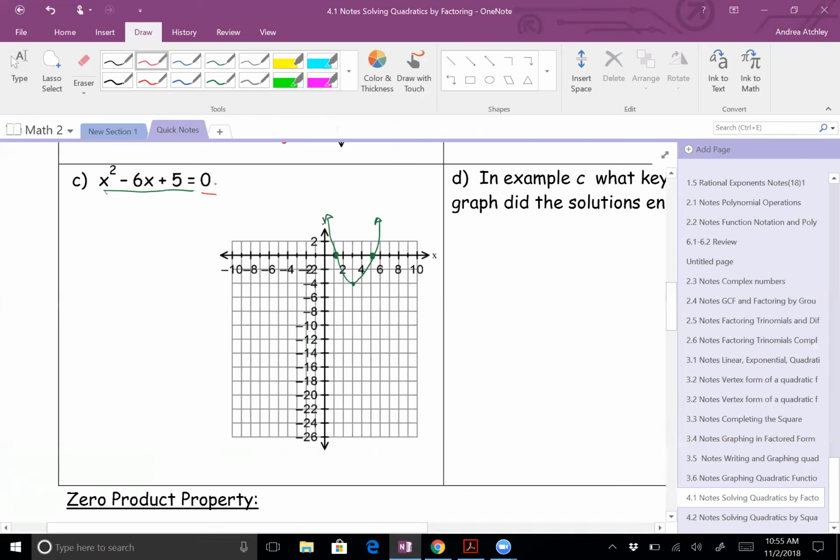And then the equals 0 is just right here on the x-axis. So my solutions were at 5 and 0 and 1 and 0. Pretty easy, right?